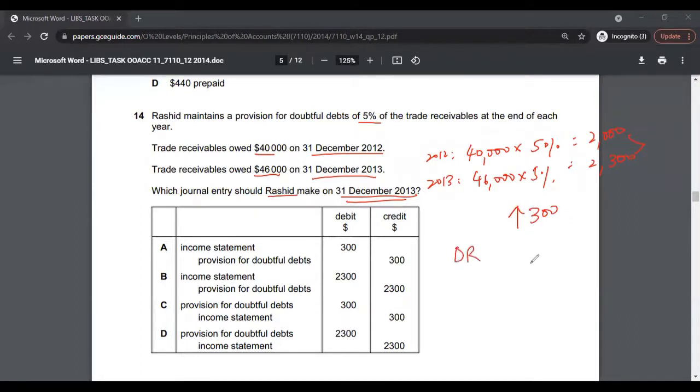So of course you would debit income statement because this is an expense, and then credit the allowance or the provision. So the answer to multiple choice 14 is option A. Debit income statement by 300, and credit provision for doubtful debts by $300.